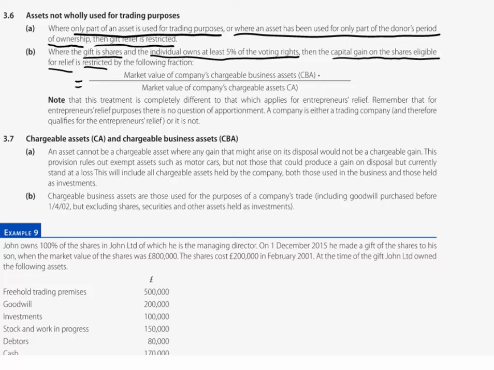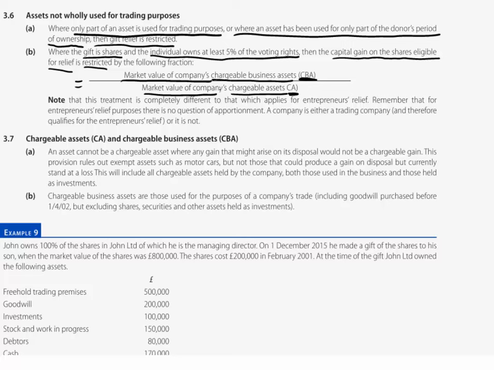We will learn it as CBA over CA, where CBA stands for chargeable business assets and CA for chargeable assets. The figures will be provided to us within the question: the market value of the company's chargeable business assets over, again, the given market value of the company's chargeable assets.